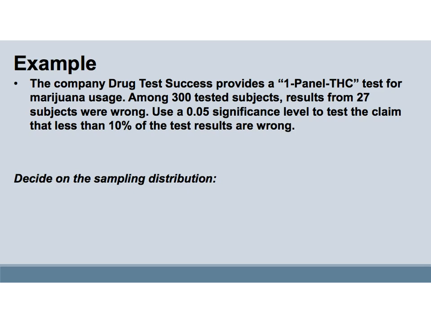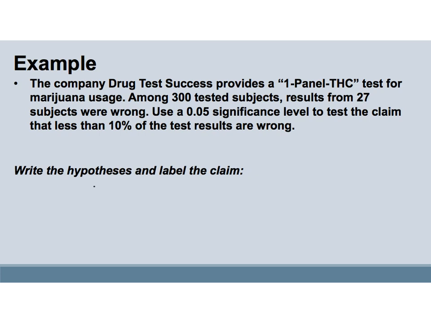Well, it doesn't say mean or average anywhere in there. So that tells me proportion. I could also have gotten that because it talks about a percentage, and I've got 27 out of the 300. But like I said, if nothing else, you know it's proportion because it didn't say mean or average.